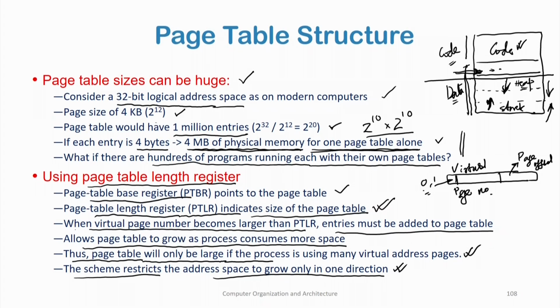Now, when I divide the virtual address space into two parts, I name them segment 1 and segment 2, and I use a separate page table for each segment.